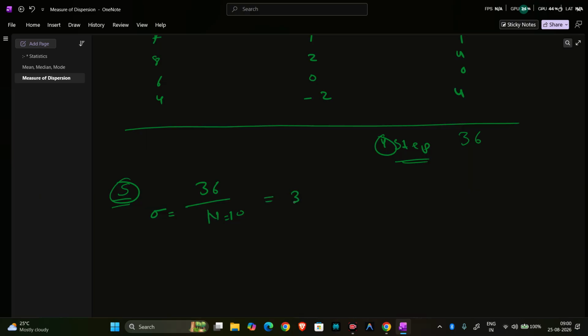So it will be 3.6. Next we have n minus 1, right? Divided by n minus 1. We have 36 divided by n minus 1. So n minus 1, what will that be? It will be 9, right? So we calculate, it will be 4. So this is how we can calculate the variance.